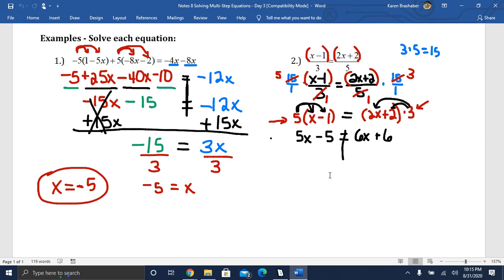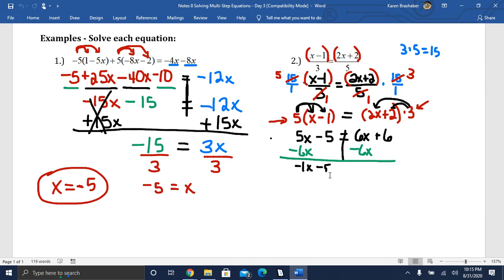Here's my separator. So I will subtract 6x from both sides of the separator, moving my variable to the left. 5x plus negative 6x will combine to give me negative 1x minus 5.